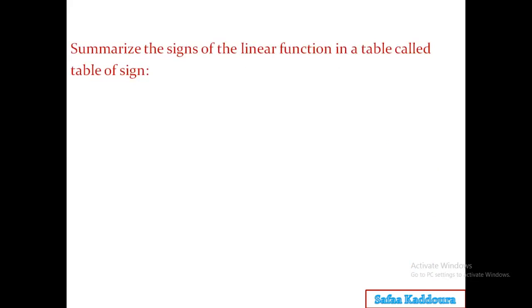Now, we summarize the sign of the linear function in a table called table of sign, for f of x equals 2x minus 6. Why do we draw a table of sign? Because we took x equal 1, 2, 3, 4, 5, and every x gives me an f of x. But I have infinite values of x.